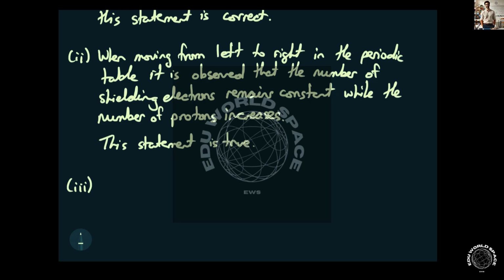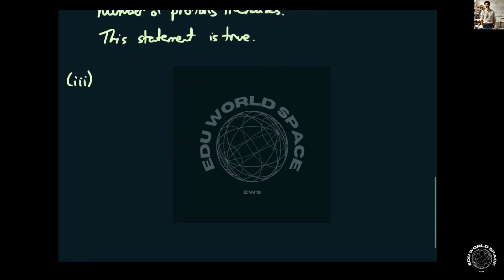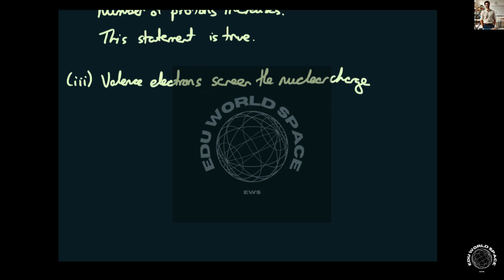Statement 3. Valence electrons screen the nuclear charge more effectively than do the core electrons.